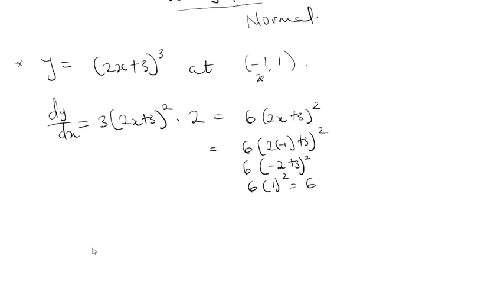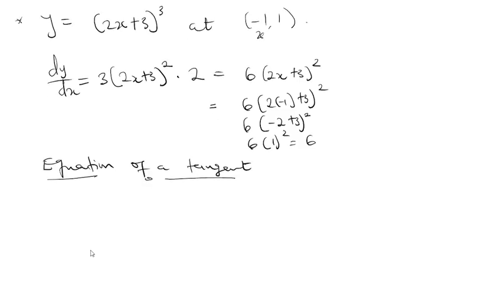Now we know the gradient of the tangent. How do we find the equation? So now the equation of a tangent: we have y minus y1 equals m, x minus x1.